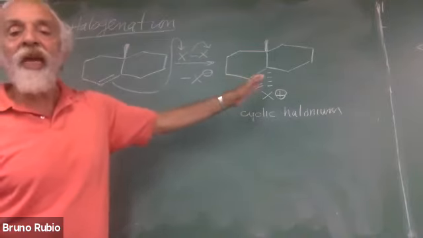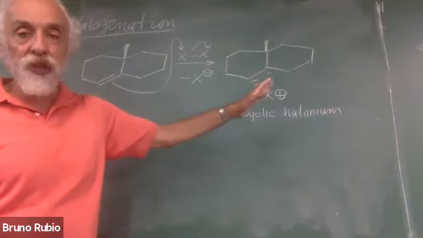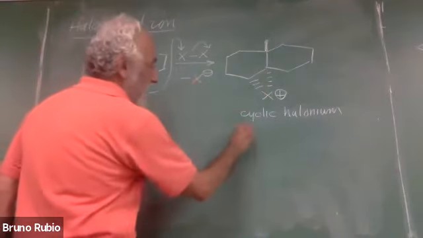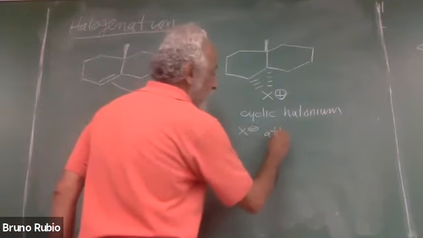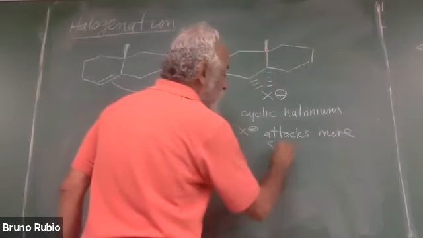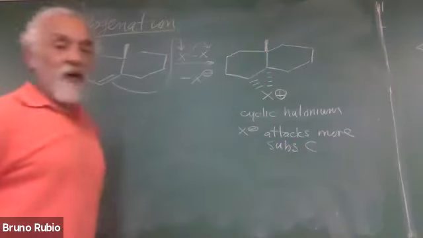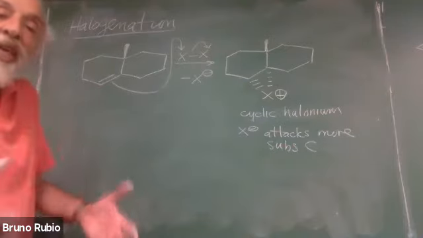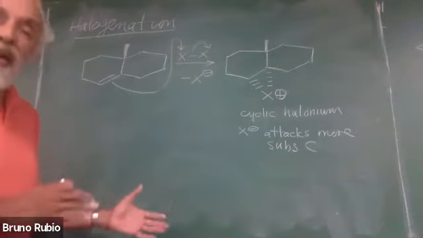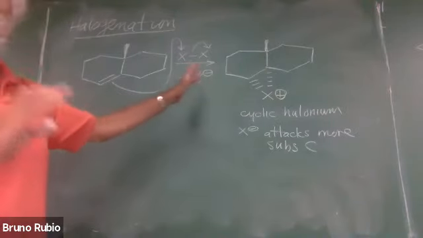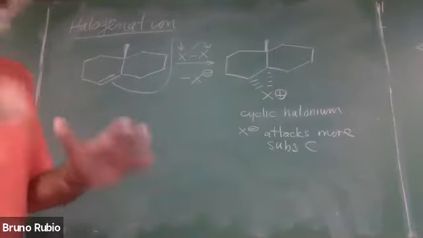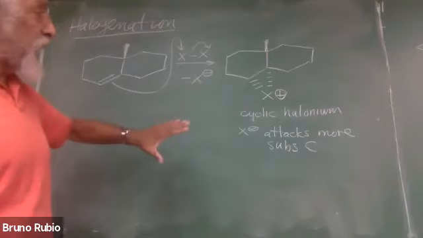It's going to attack the more substituted carbon of the cyclic halonium, because that's the carbon that most resembles a carbocation. If this were a carbocation mechanism, that's the carbon that would be attacked. It's more stabilized.